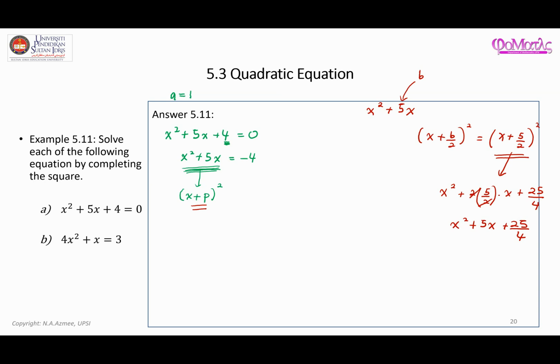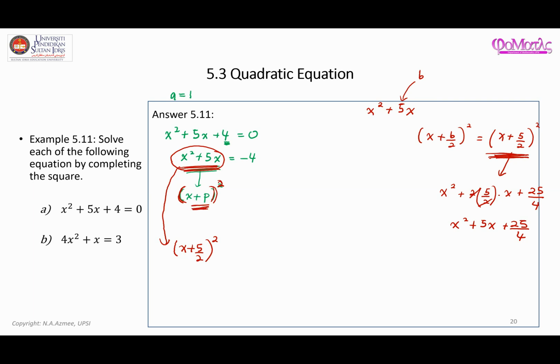Now again, recall that we are aiming to replace this with something that has a bracket, something inside, and a square on top. So what I can do is replace x squared plus 5x with x plus 5 over 2 squared. So now it looks something similar to this one.